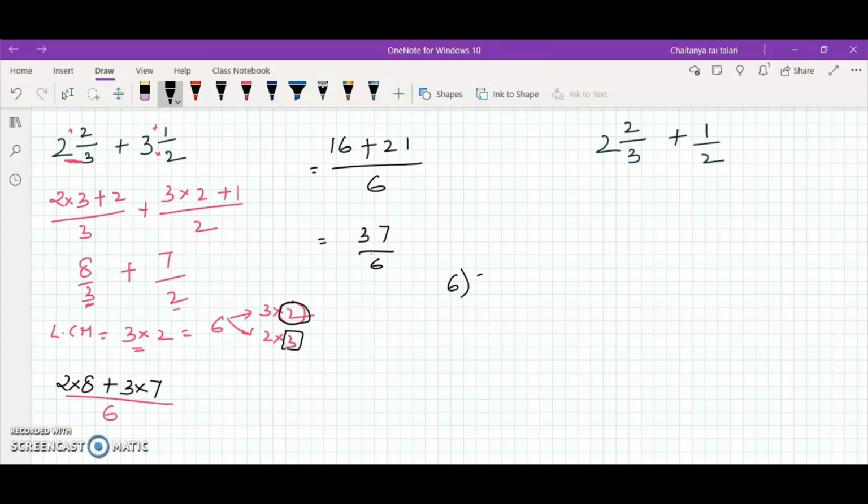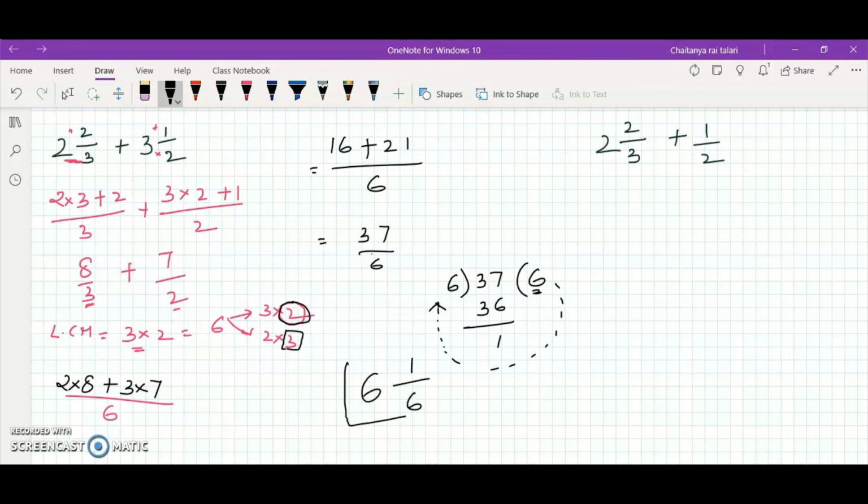We will follow this way: first I write the quotient, that is 6, then the remainder, that is 1, and finally our divisor 6. So this is the mixed fraction. So 37 by 6 equals 6 and 1 by 6.